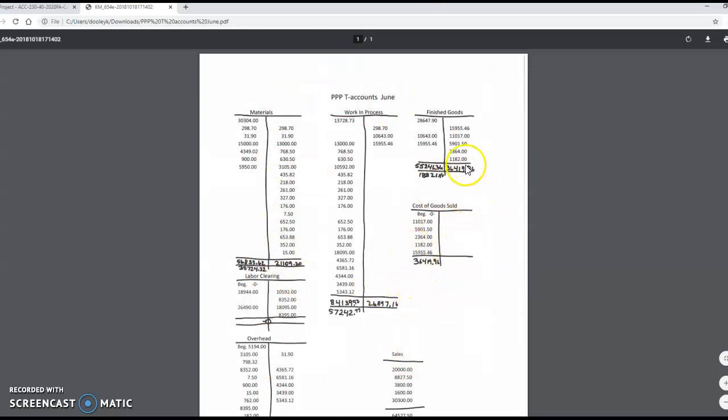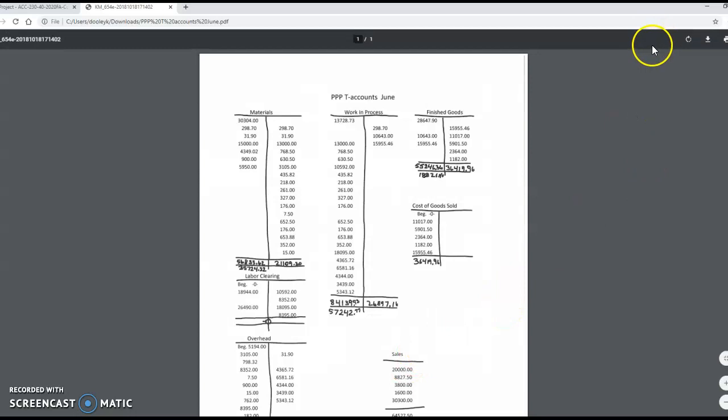The cost of that particular job was $11,017, and so we're crediting finished goods and debiting cost of goods sold for the cost, and for the actual price that we charge the customer, $20,000 is credited to sales and debited to accounts receivable. So these are our main T accounts.